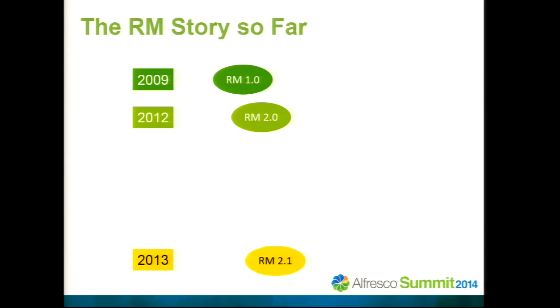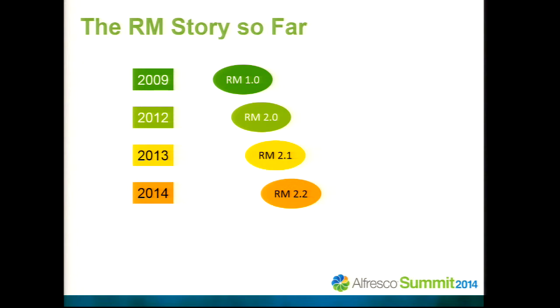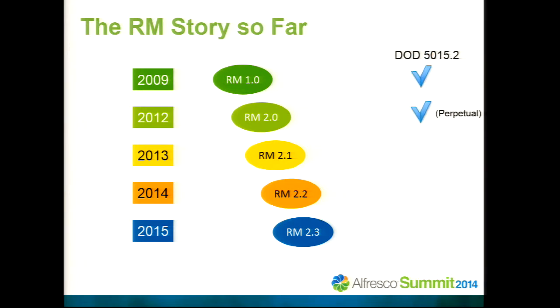So then in 2014, we released RM 2.2, and that's what I'm going to be talking about today. Next year, we will release RM 2.3, which is the release that will match with Alfresco 5. All of these releases are DOD 5015.2 certified.